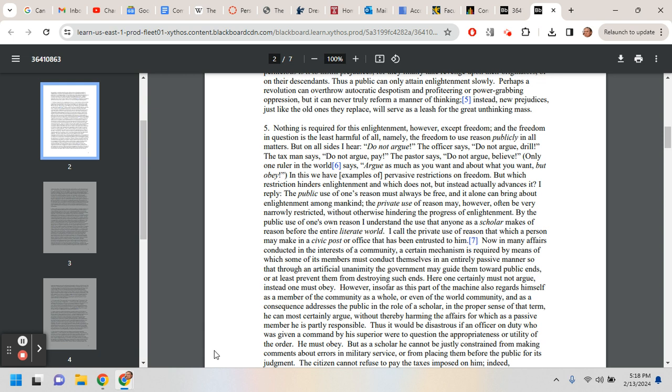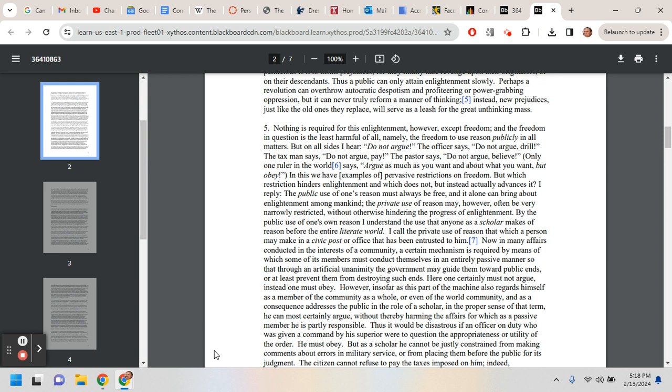Contrast a priest or minister of some sort addressing a congregation. They're not addressing the world, they're addressing a group of people who are part of a sort of group who are connected to each other by their beliefs, let's say.